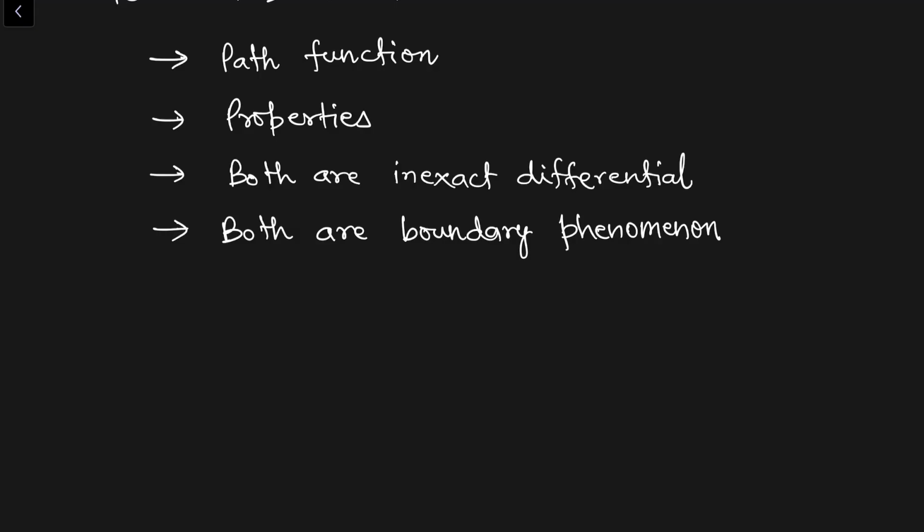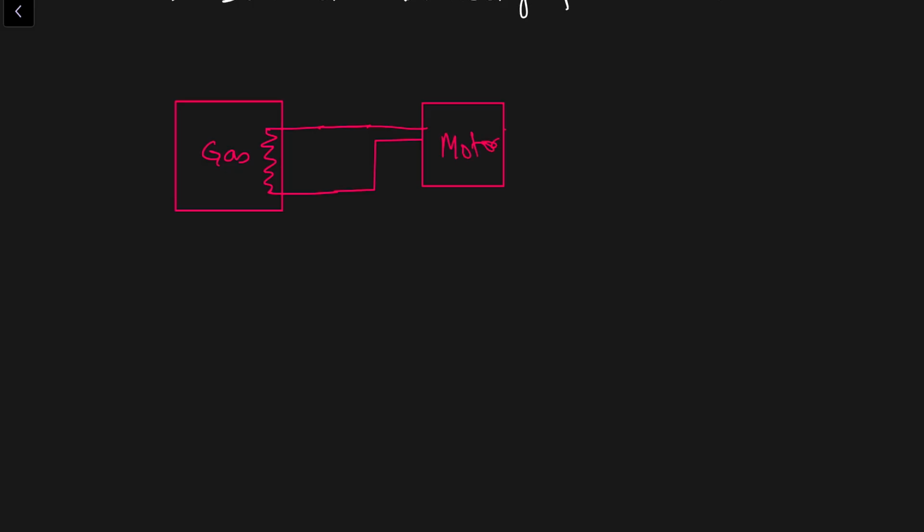So let me take one example here. Suppose we have a gas in this box, and then we have some heater here which is powered by an electric motor. So this is our motor, and then the shaft here is connected to some weight.